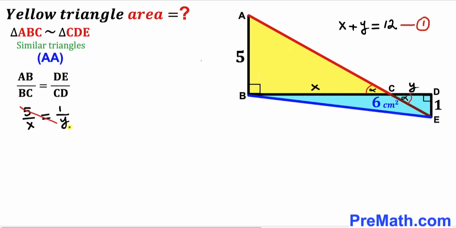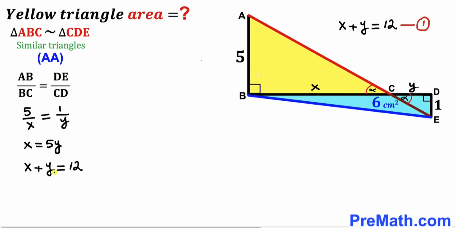Now we are going to cross multiply. So 1 times x gives us x equals 5 times y. Now let's focus on equation 1, where I have copied down x plus y equals 12. We just figured out x equals 5y, so I'm going to substitute x as 5y.